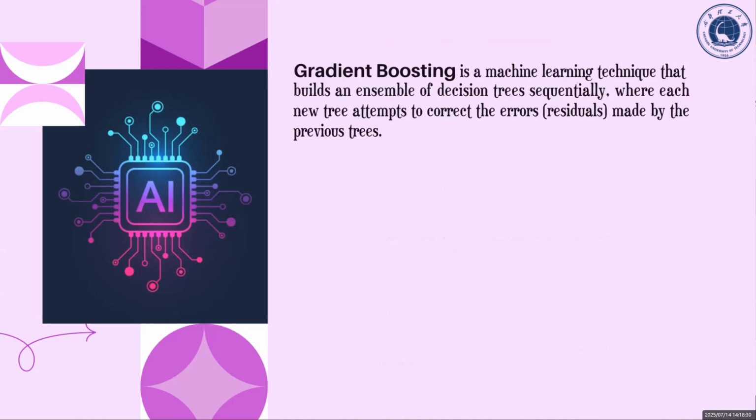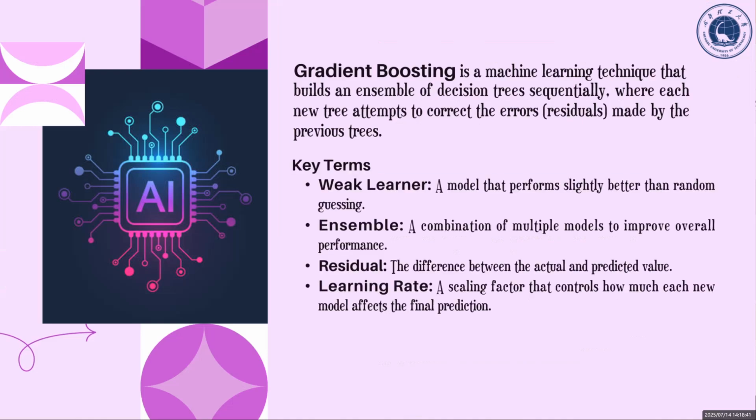Gradient boosting is a machine learning technique, like I said, that builds an ensemble of decision trees sequentially, where each new tree attempts to correct the errors made by the previous trees. The key terminology you should remember here are weak learner, ensemble, residual, and learning rate. Weak learners are models that perform slightly better than random guessing, while an ensemble is a combination of multiple models in order to improve the overall performance.